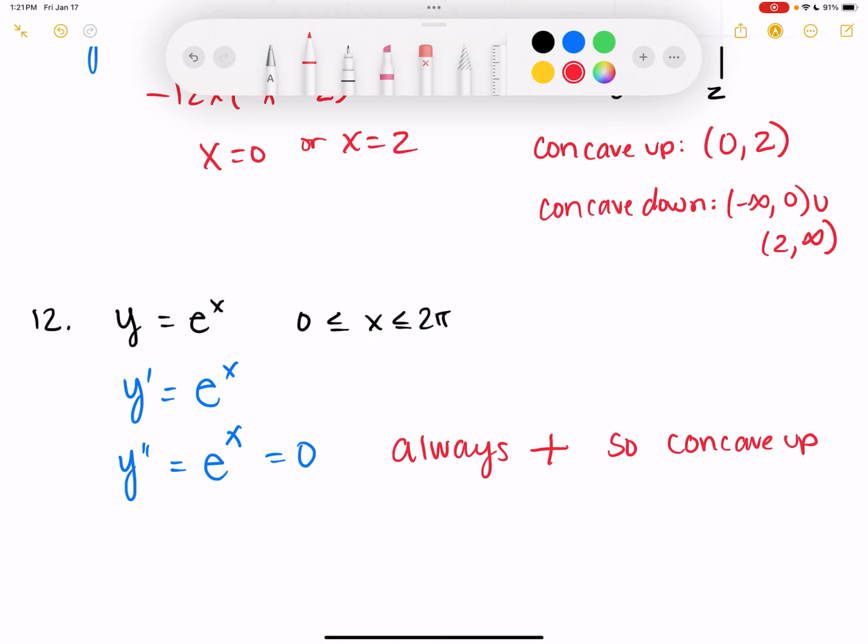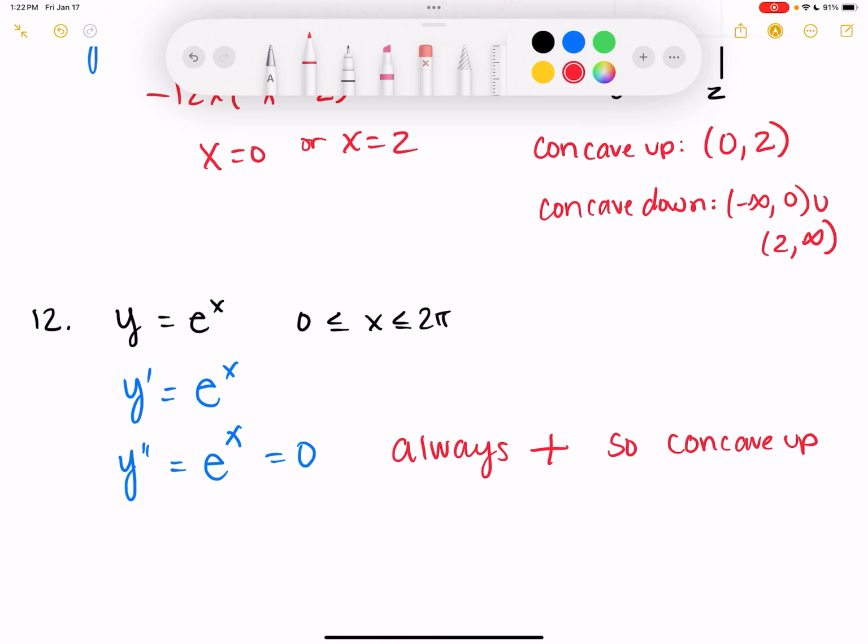But the next thing that we'll be doing is finding points of inflection, which is a point where there's a tangent line and the concavity changes. So we will find the first derivative, find the second derivative, set it equal to 0, and solve. And then we'll be determining, does the sign change?